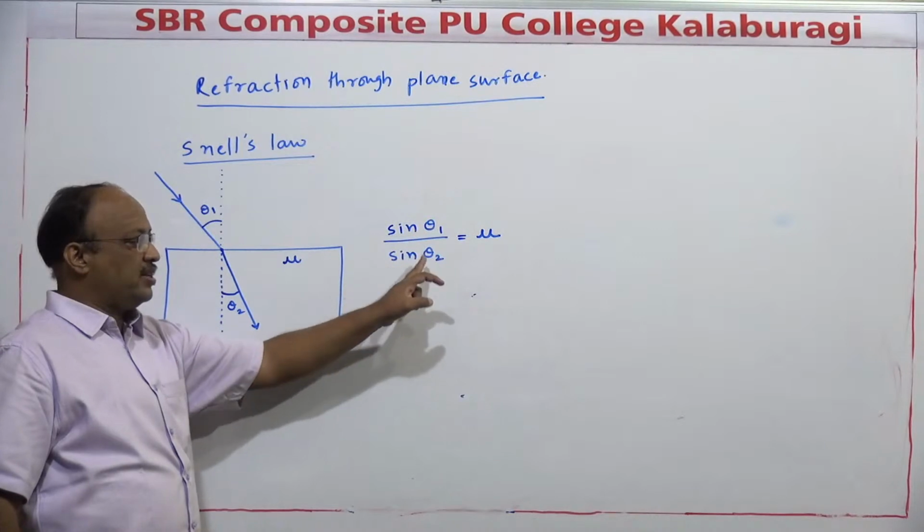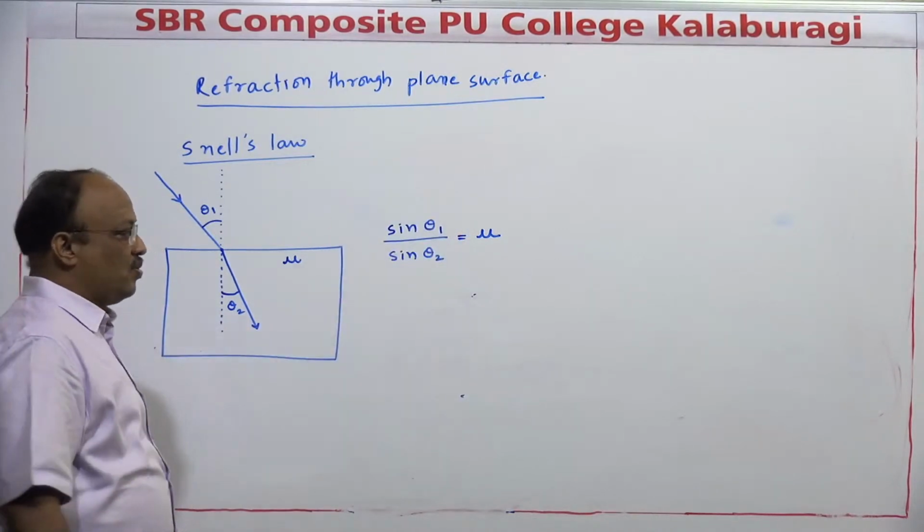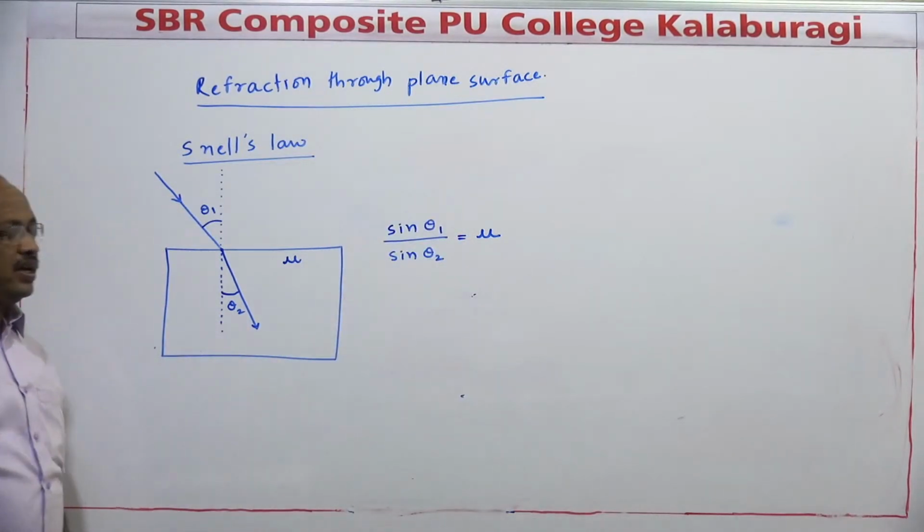Sin theta 1 by sin theta 2 is equal to the refractive index of the medium.